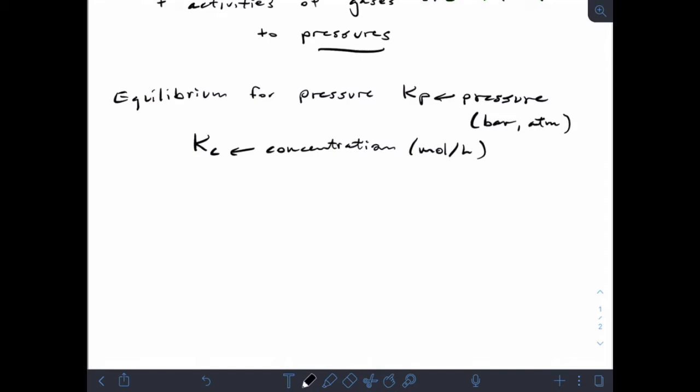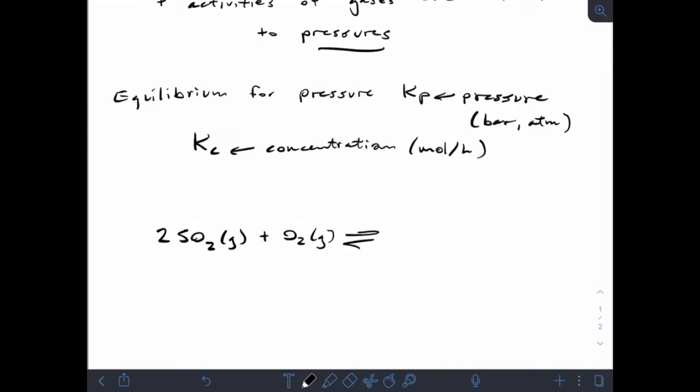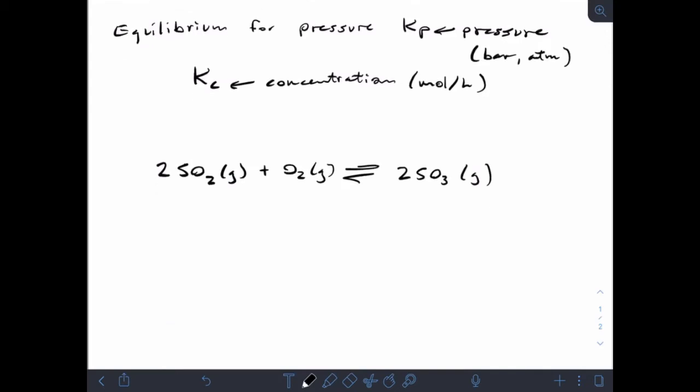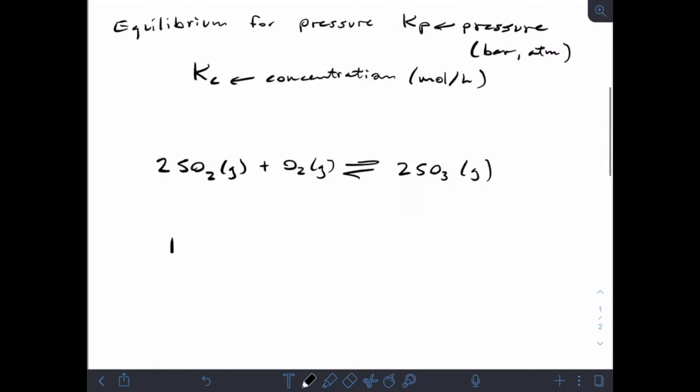If I have an equation that looks like this, SO2 gas plus O2 gas in equilibrium with some sulfur trioxide, my expression for pressures will take the same form. It's still products over reactants raised to their stoichiometric coefficients, but now we're talking about partial pressures.